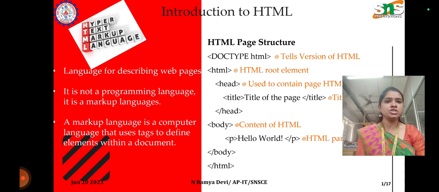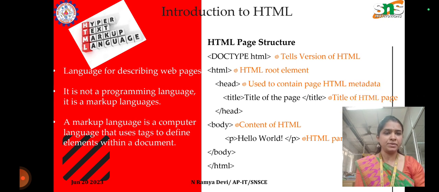So the HTML page structure will be like this. The first line will have a document type, which tells the version of the HTML, and then the HTML, which is the root element, and after that we have a head element in which we can contain the titles. The head is used to contain the page's HTML metadata, and the title of the page will be given inside the title element.